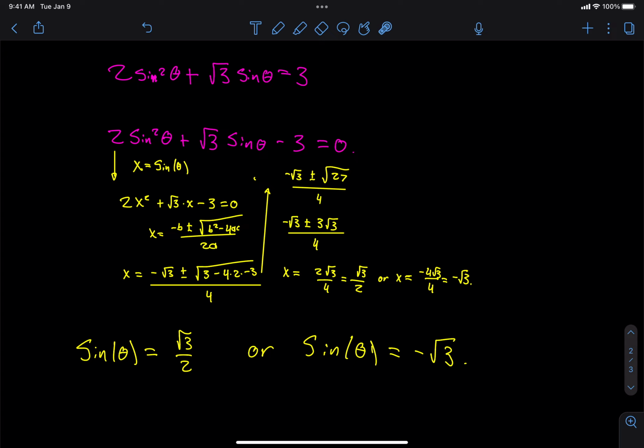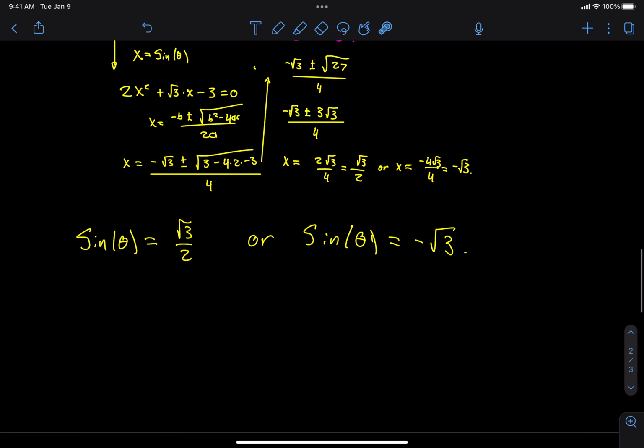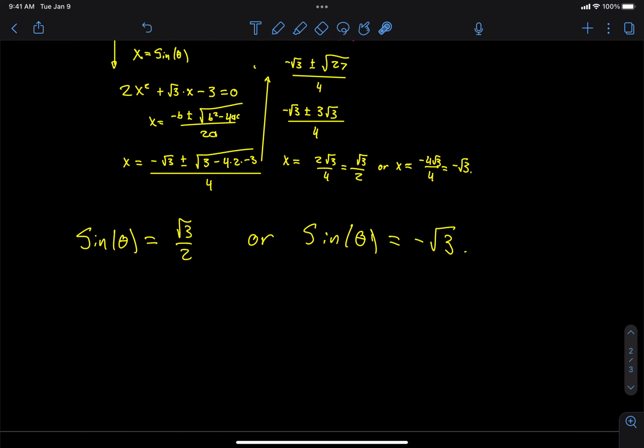But I claim that you only have to do one of them. Why do I only have to do one of these? Square root of 3 is bigger than the radius of the circle. Yeah, this is not possible. There's no angles which will produce this output for sine because the output of sine is always between negative 1 and 1.